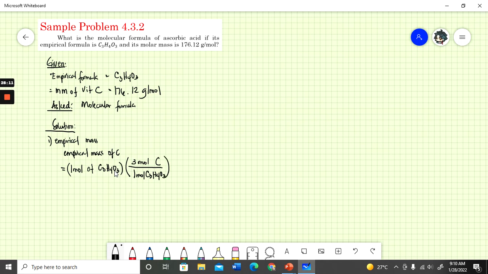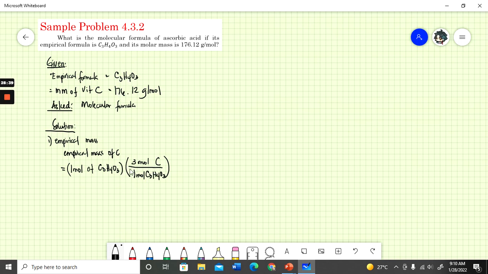We did this when we were looking for percent composition, I believe. So how did we identify this 3 moles? That's basically the subscript of the C here. We have C3, which means 3 atoms of carbon in 1 molecule of C3H4O3. That means there are 3 moles of carbon in 1 mole of C3H4O3.